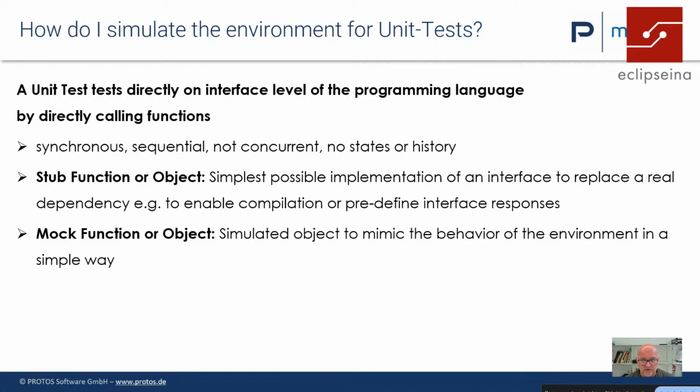For example, if you expect something to deliver the value true, you just return the value true. So stubbing is just to satisfy the interface. Mocking usually implements a very, very simple implementation in order to be able to influence the reaction of your test harness. So the simulated object is there to mimic the behavior of the environment in a very simple way.